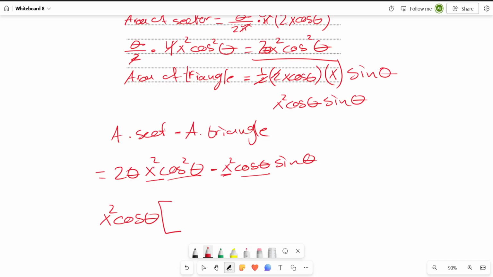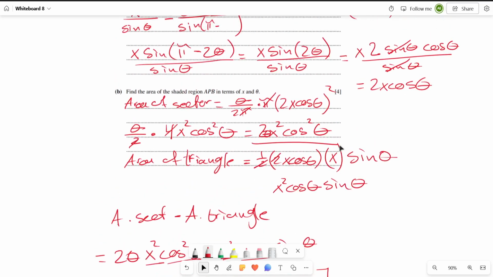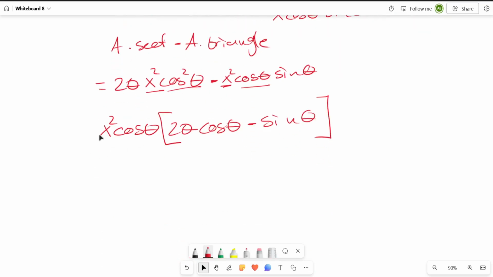I'm going to be left with 2 theta, and we will take 1 out of those 2 cosine theta, so I'm just left with cosine theta. And then minus, I'm going to take an x squared and a cosine theta, so I'm just left with sine theta. So the final answer is x squared cosine theta times 2 theta cosine theta minus sine theta. And this is the area of the shaded region in terms of x and theta. We don't have anything else except x and theta, and this is as simple as it can get.